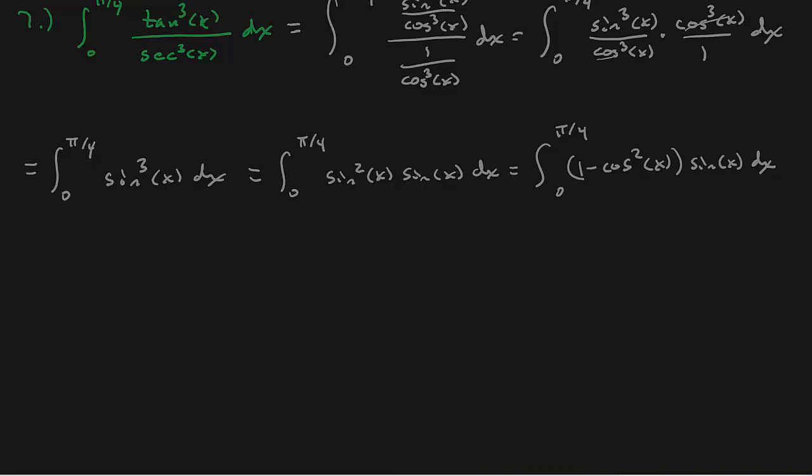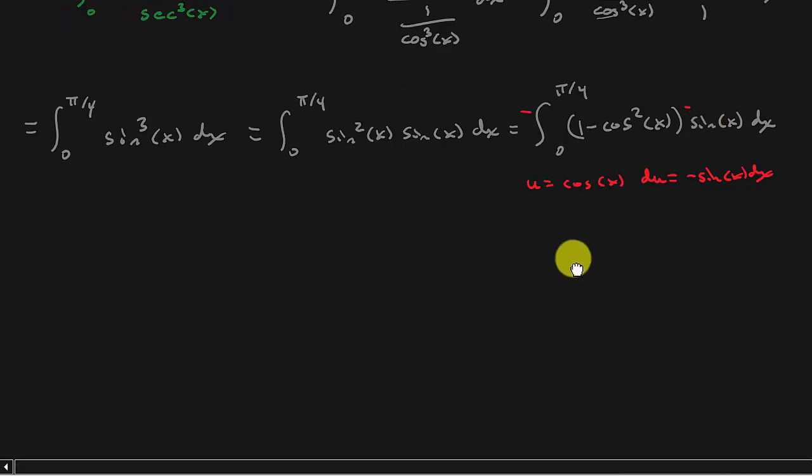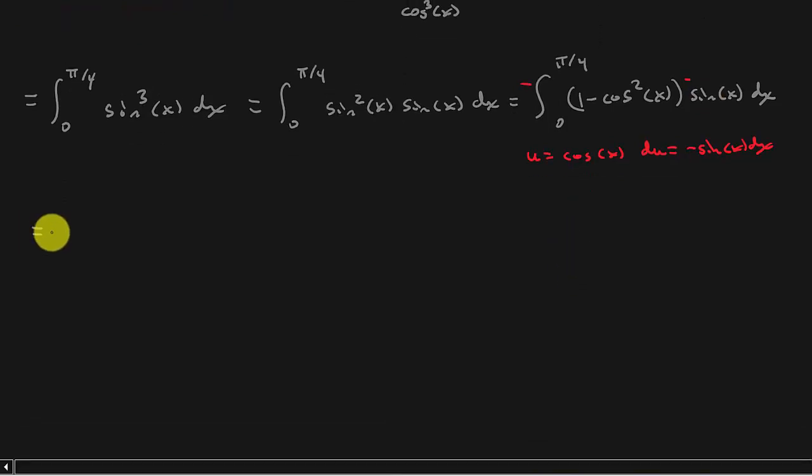All right, so let's let u equal cosine x, and du is negative sine x dx. So we're missing a negative, so multiply by negative 1 inside, and multiply by negative 1 outside. So that is going to be negative 0 to pi over 4.